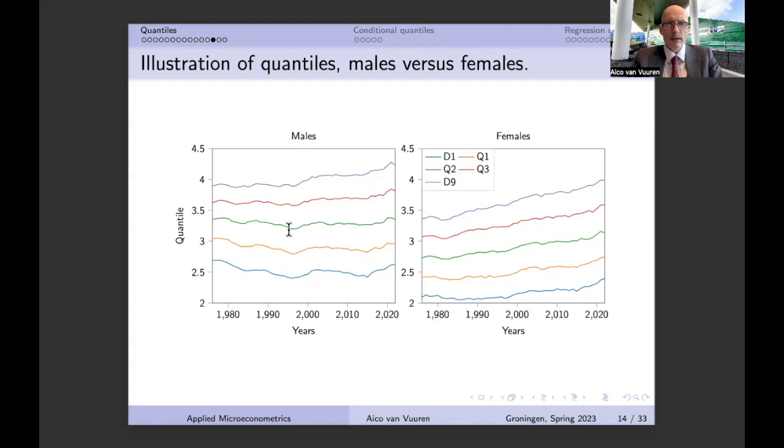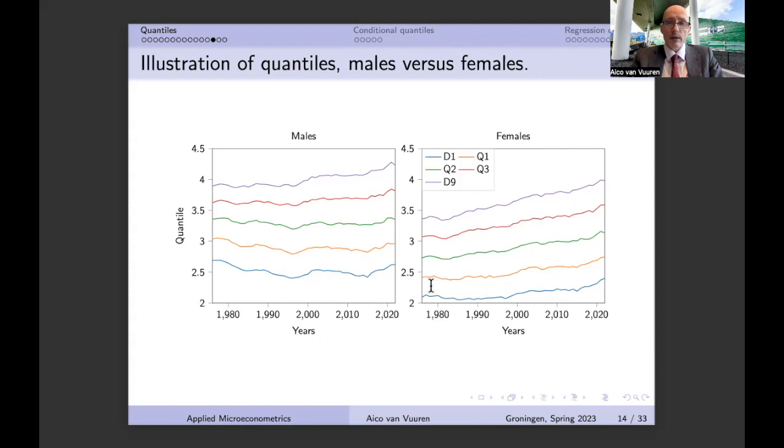We don't really see that when we look at Q3, and even less when we look at D9. At D9, there were real wage increases over time. Well, what does that mean? That means, of course, that men at the bottom of the distribution have decreased their wages, and at the top of the distribution they have increased their wages. So inequality, at least among men, must have increased.